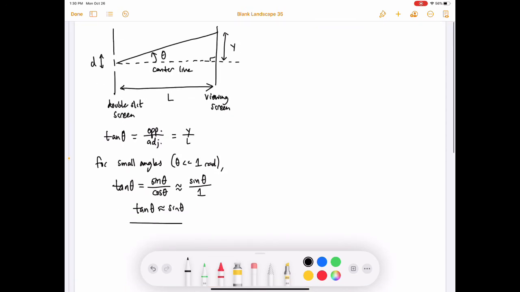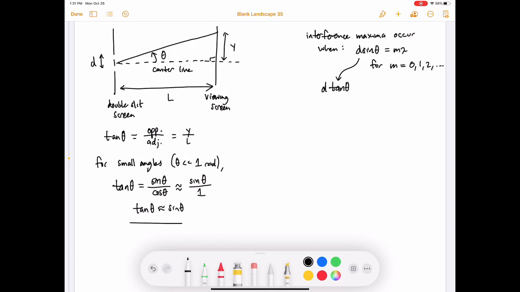Okay, the next thing we'll do is remember that the interference maxima occur whenever we have d sine theta equals m times lambda, where m is 0 or any integer, 1, 2, 3, and so on. But using the small angle approximation, we can say sine theta is approximately equal to tangent theta, so d tangent theta is approximately equal to m times lambda.